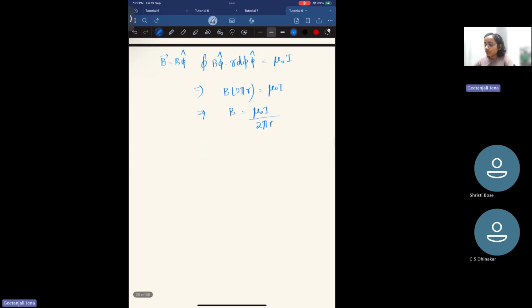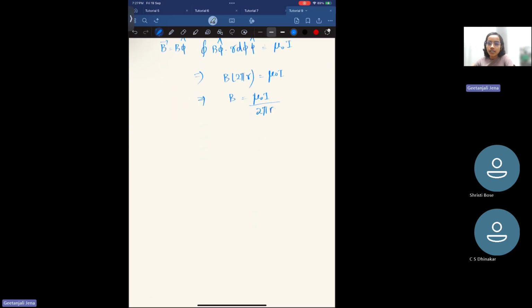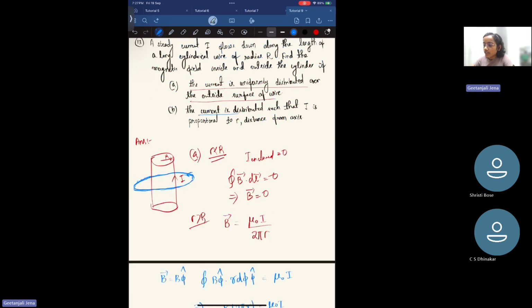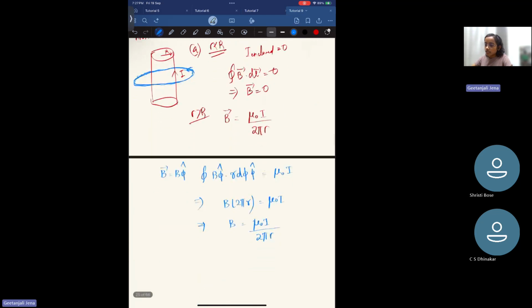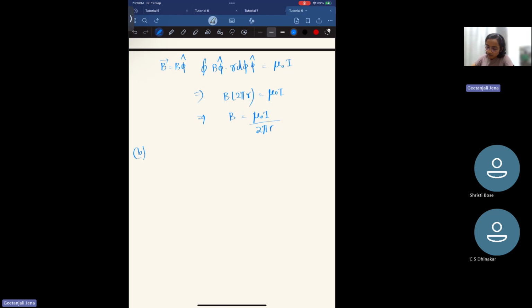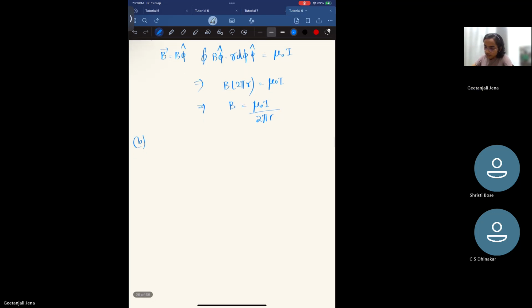So this is for the case where we have current on the outside surface. In the second case, the current is distributed such that J is proportional to r, where r is the distance from the axis. For this part, J is some constant C times r.